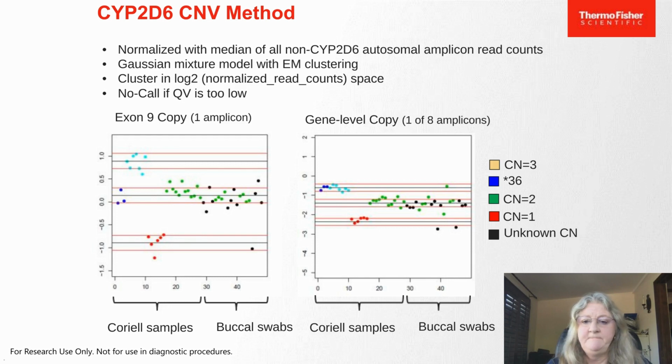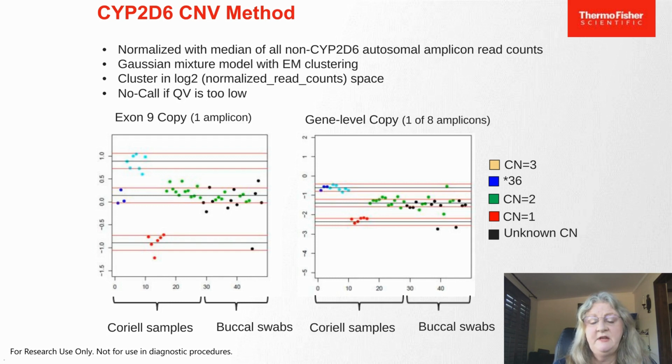So we did this both for the copy number of the entire CYP2D6 gene. And we also repeated this to develop a method to detect the copy number of the exon 9.